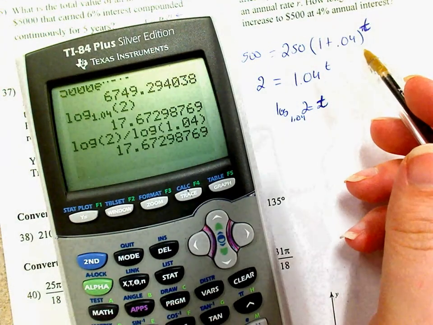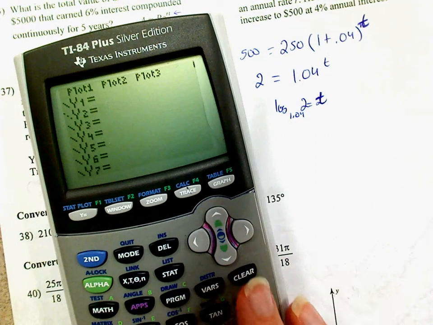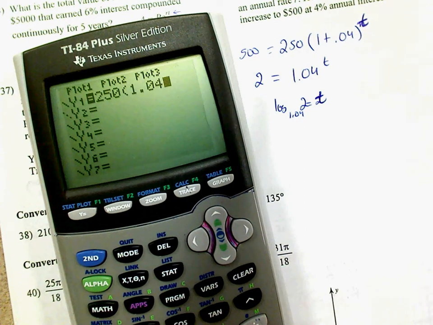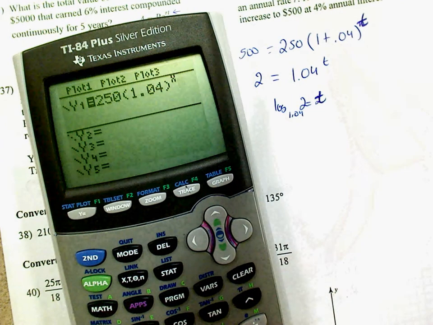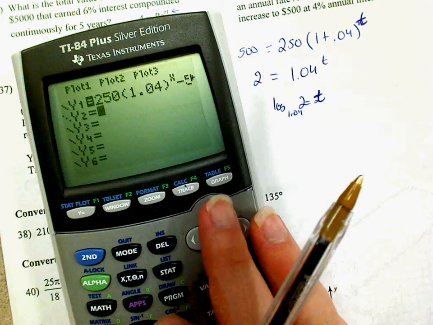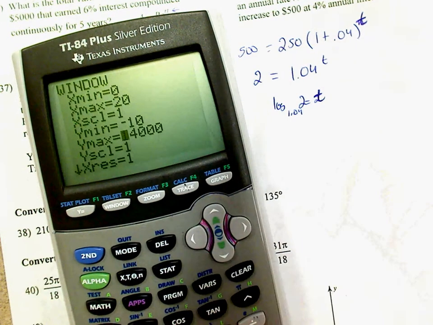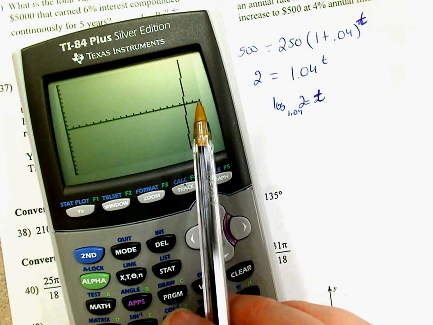I would probably just say, okay, 250 times 1.04 raised to the x, and then in order to move 500, all you gotta do is minus 500. I want to see when it crosses the x-axis, so I don't really care about going that high. I'm just going to go to 10. I see that it crosses right around here, 17 and something, which is kind of like what we found.